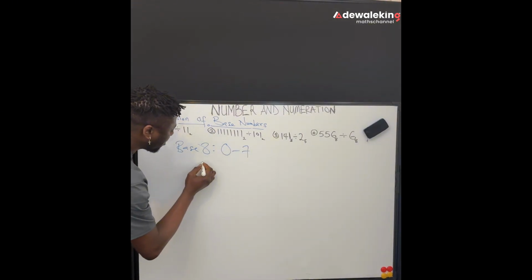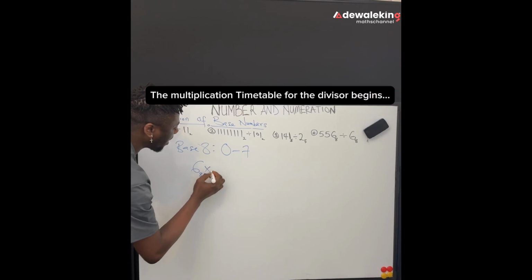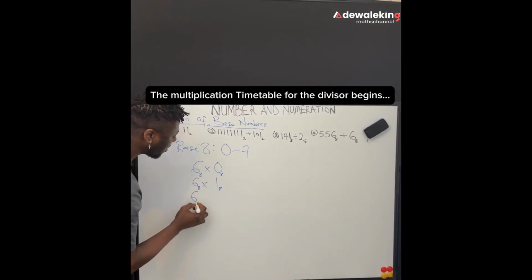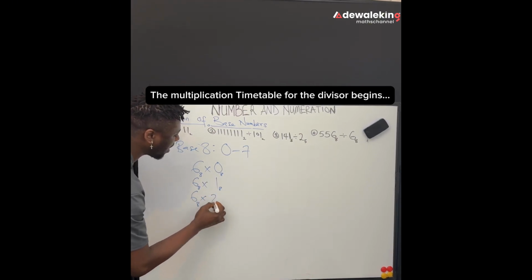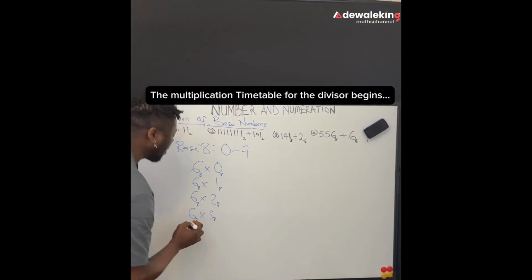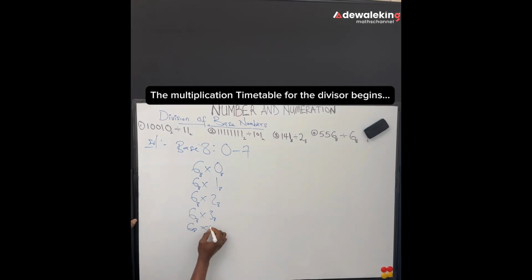So we say 6 base 8 times 0 in base 8, 6 base 8 times 1 in base 8, 6 base 8 times 2 in base 8, 6 base 8 times 3 in base 8, 6 base 8 times 4 in base 8, 6 base 8 times 5 base 8, 6 base 8 times 6 base 8, 6 base 8 times 7 base 8.